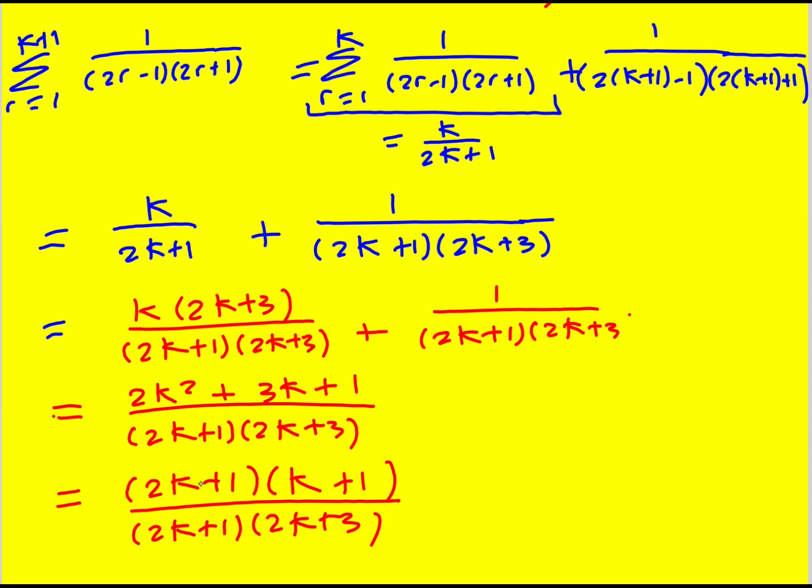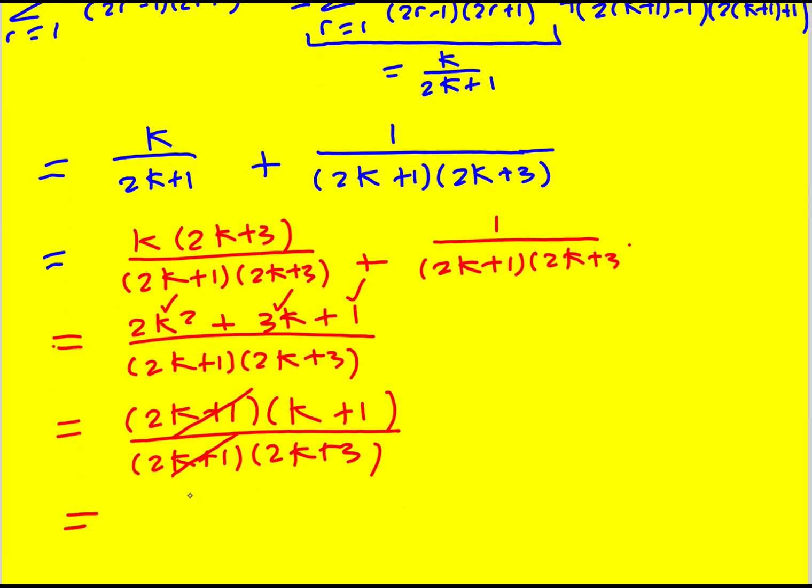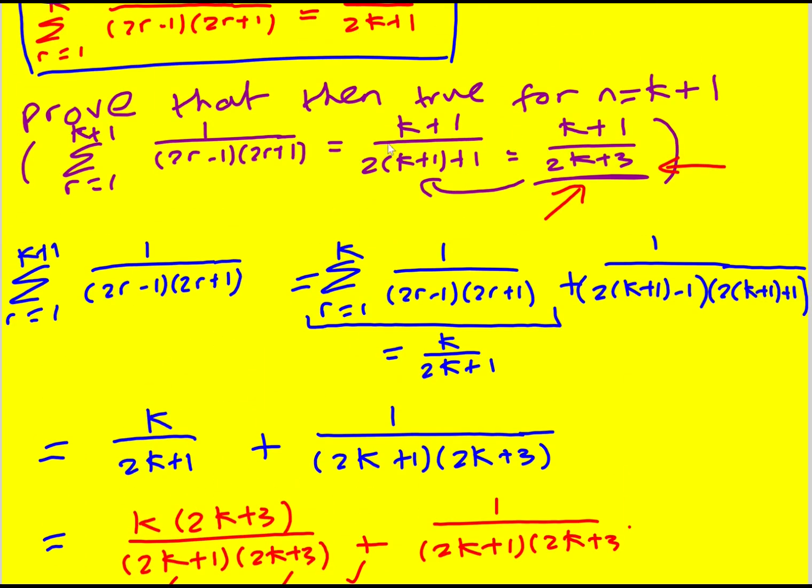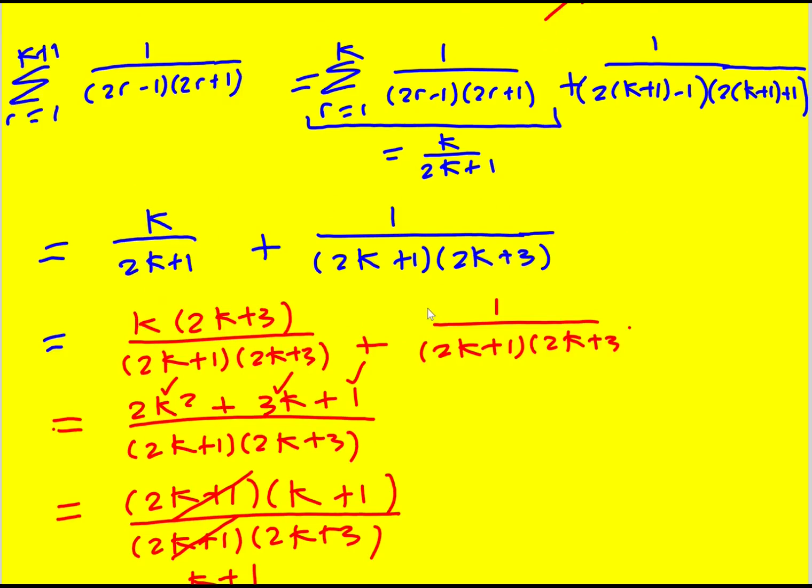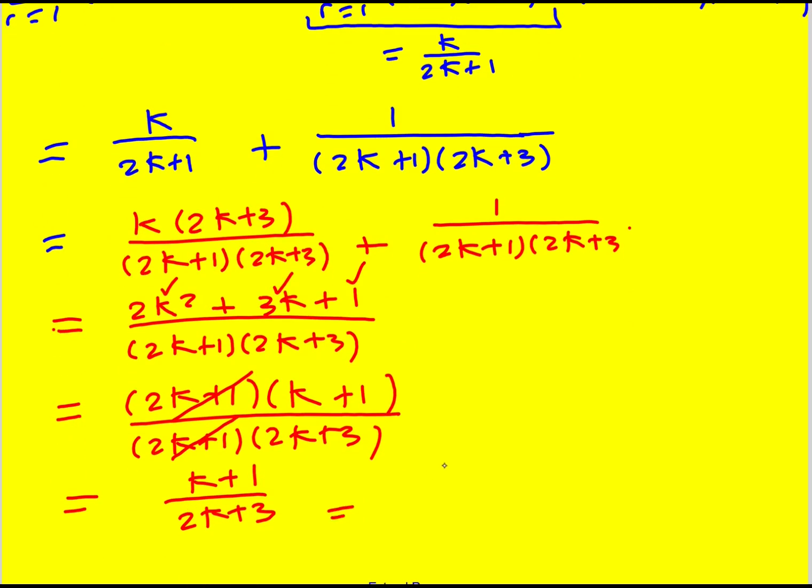And if we expand that, we see it works: 2k squared plus 2k plus k. That's that bit sorted and that bit plus 1. And now these cancel. And this gives us the result that we want. And we could, if we wanted, just write it back as k plus 1 over 2k plus 1 plus 1, as required.